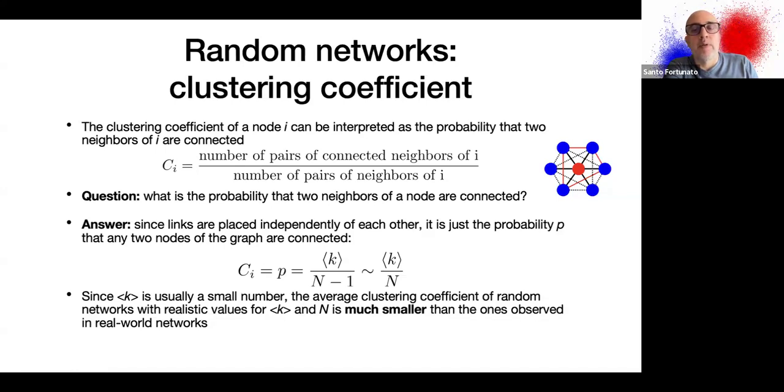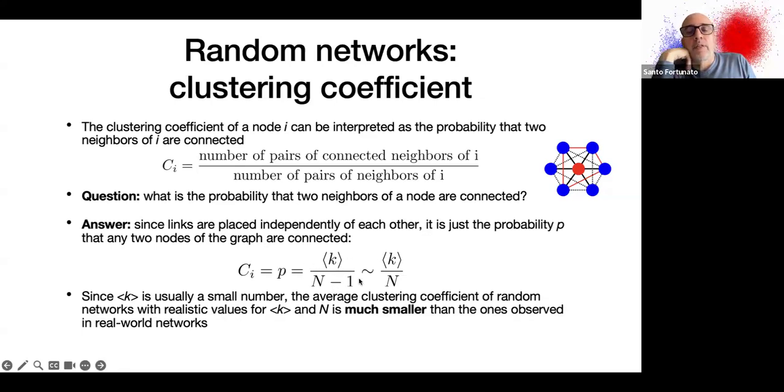The two questions are equivalent, because the probability that two neighbors of a node are connected is the same as the probability that two nodes are connected, because in this model, any two nodes are connected with the same probability, regardless of what happened before, regardless of who they are attached to. So it doesn't matter if the two nodes that you're considering have a neighbor in common, like in this case, the probability of them being connected is exactly the same and is equal to P, the parameter, the link probability of the model, which can be rephrased like this.